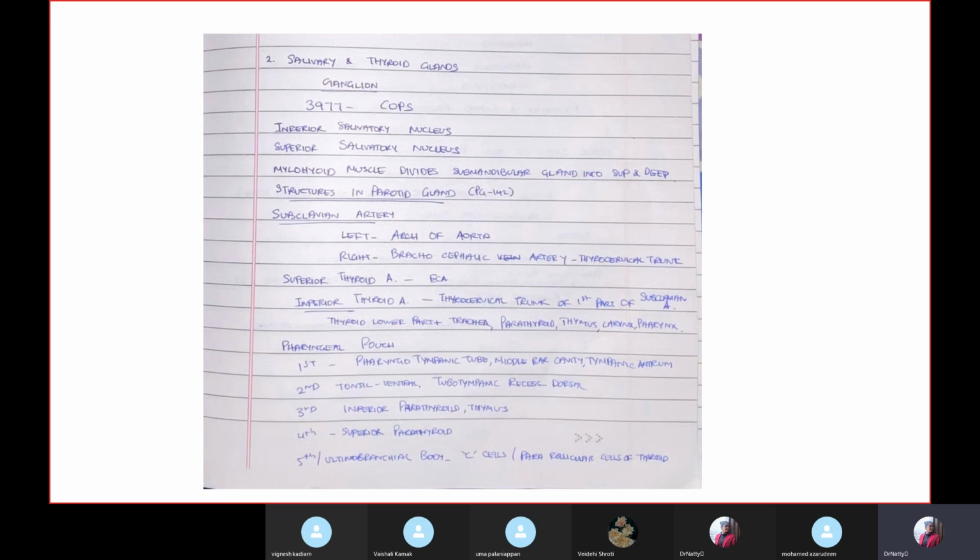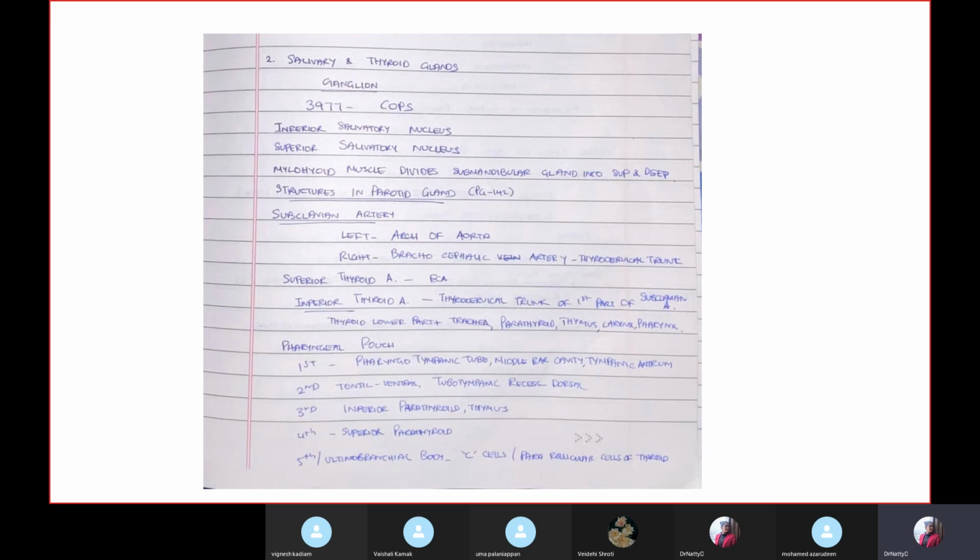They can ask the question in either way: how is the sublingual gland situated, below the mucosa and above the mylohyoid, or the location is superior to the mylohyoid or inferior to the mylohyoid. Below and above are easy to orient.